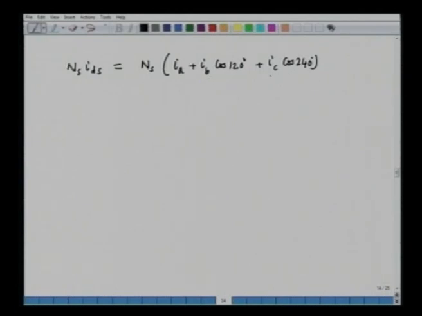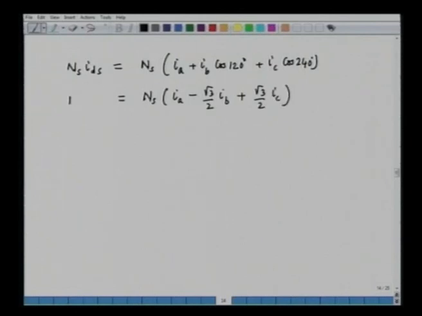Now, if we simplify this, what we have is the following: NS into IDS is equal to NS into IA, cos 120 is minus root 3 by 2 IB, plus root 3 by 2 IC.